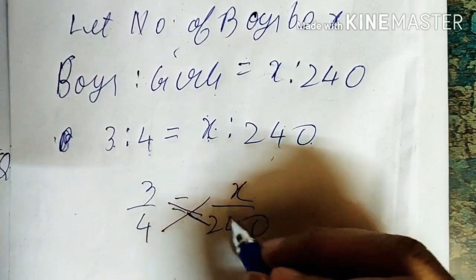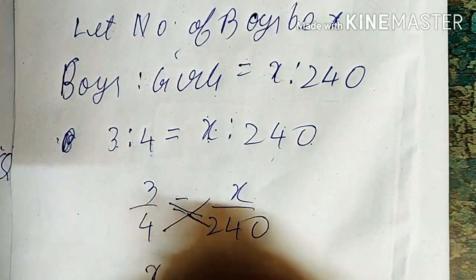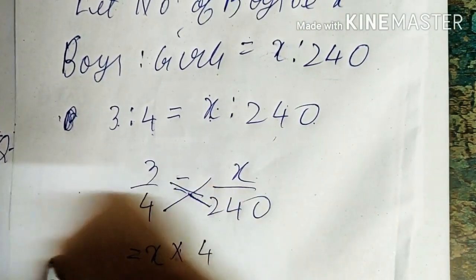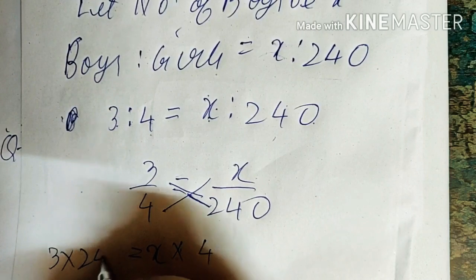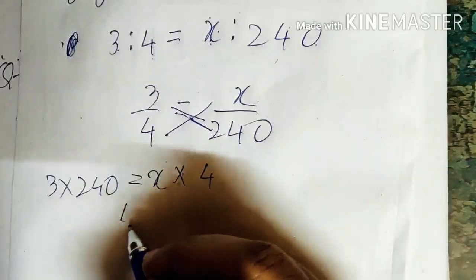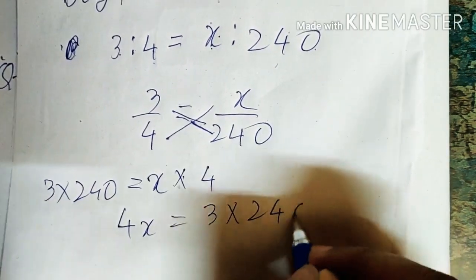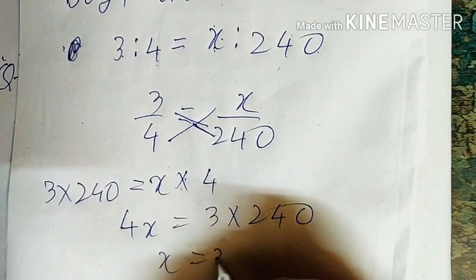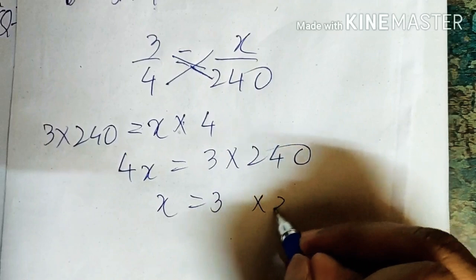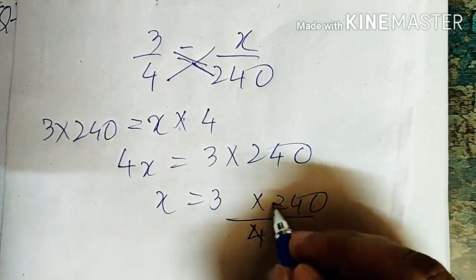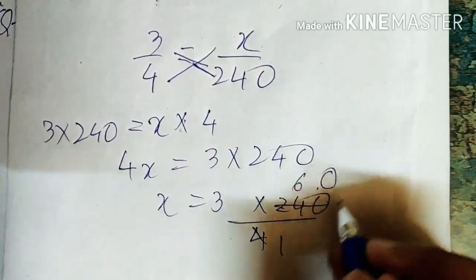So what we will do, we will again cross multiply it. So x into 4 is equal to 3 into 240. So 4x here equals 3 into 240. So x here is 3 into 240 upon 4. 4 ones are 6, 4 sixes are 24, so 60.